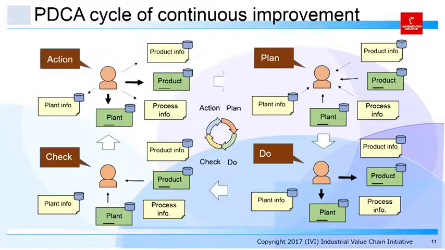And finally, action, this is very important because the people can change the product, plant, and information process by themselves. Then the shop floor itself can be moved to the next stage.